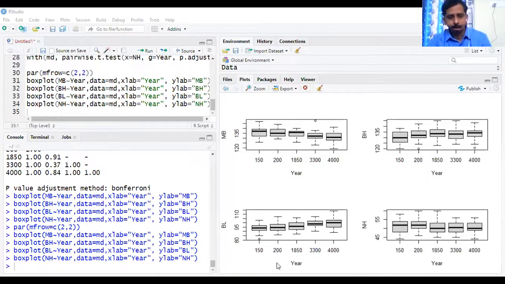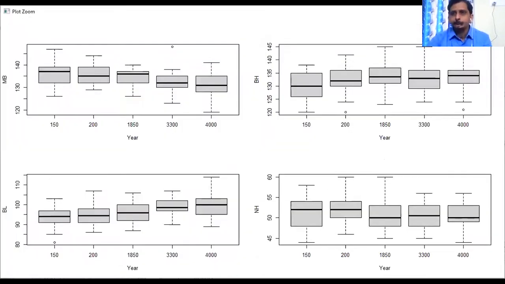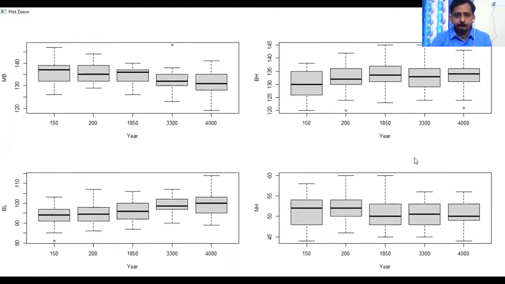Okay, let me share this in a new share. I hope you are observing the panel where this is for length, this is for breadth, this is for height, and this is for nasal height.